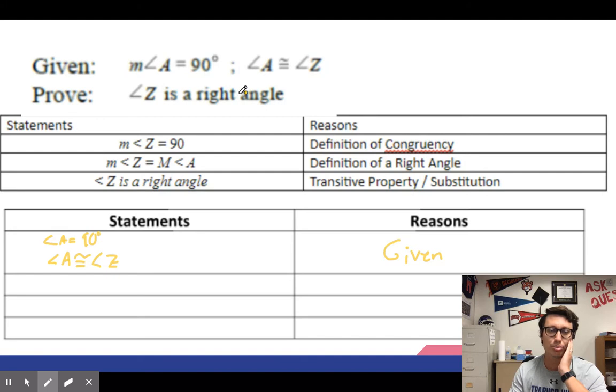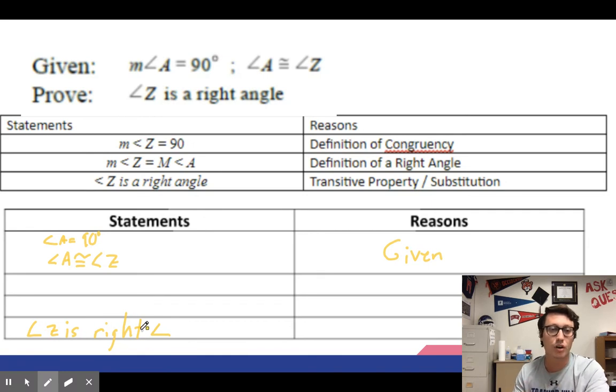It wants to prove that angle Z is the right angle. Whatever we try to prove, that's another easy money answer. Always put that in as your last statement: angle Z is a right angle. Again, I'm just trying to not write as much because I'm terrible at it.